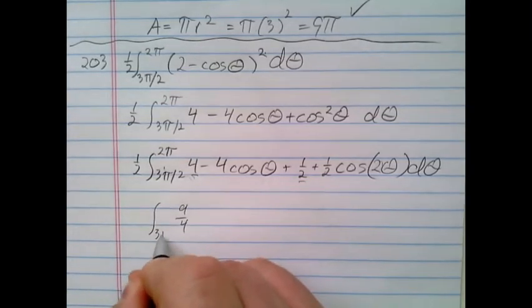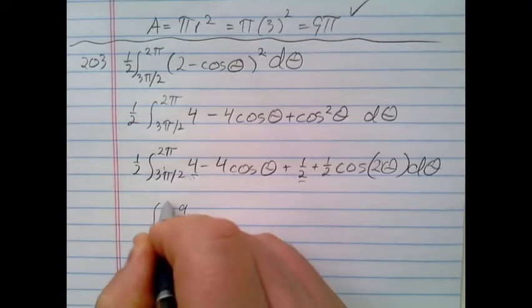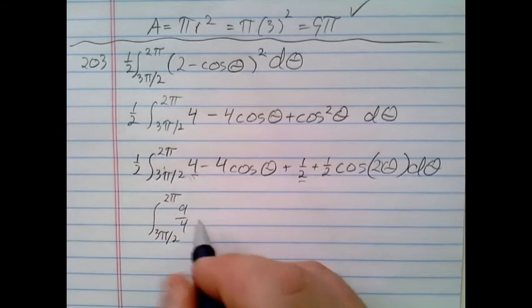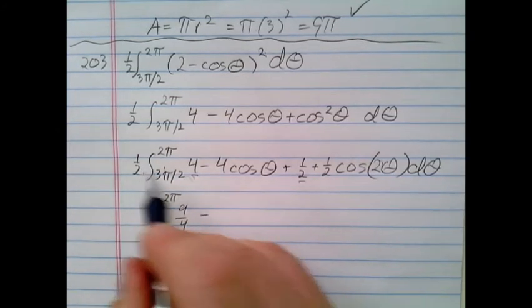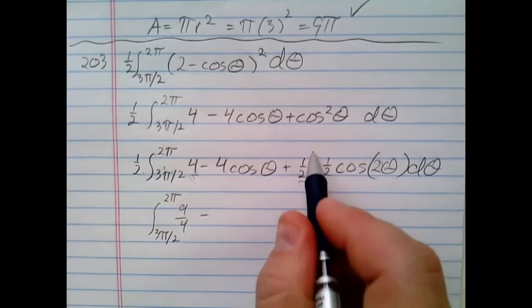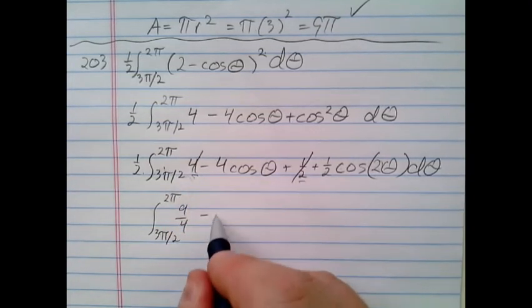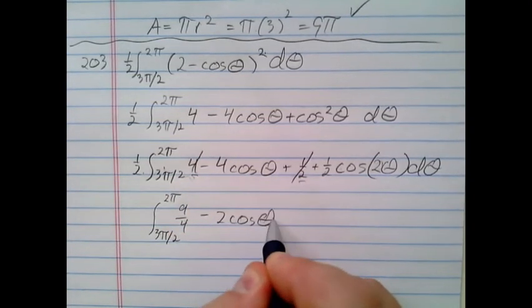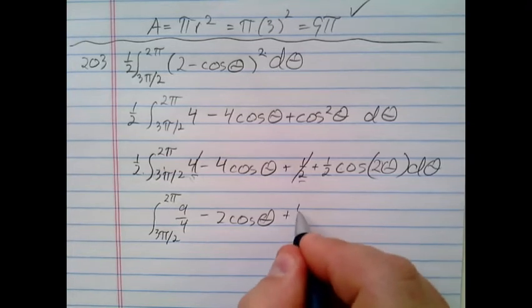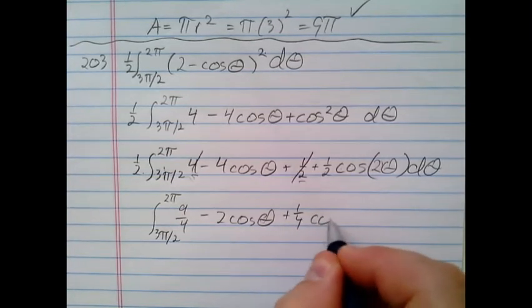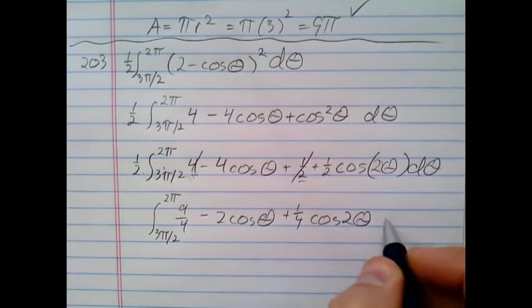So integral from 3 pi over 2 to 2 pi, 9/4. Now that 1/2 needs to distribute to the other things, so minus 2 cosine theta and plus 1/4 cosine 2 theta.